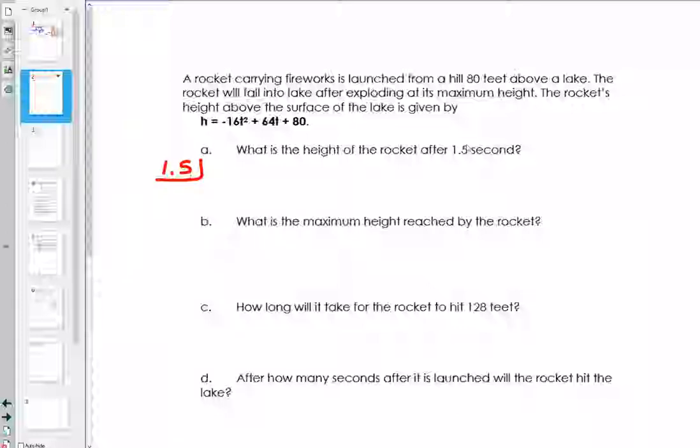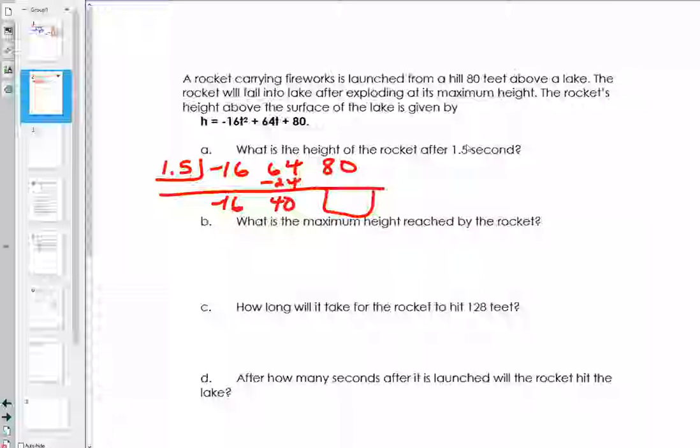1.5, negative 16, 64, and 80. I want to see what's going to end up here. Drop down to negative 16. Just use the calculator. Negative 16 times 1.5 should be negative 24, I believe. Check my math. I'm just doing it in my head, which is 40 times 1.5 is 60.